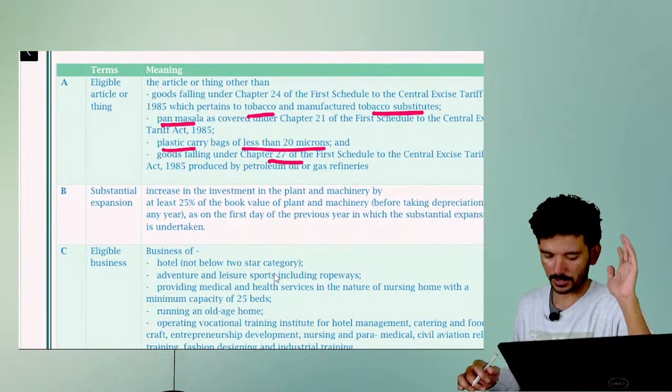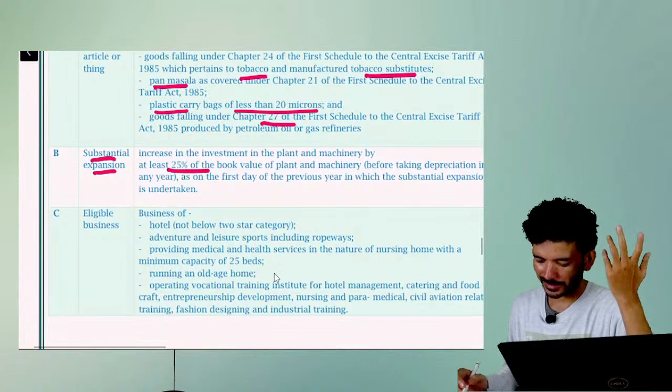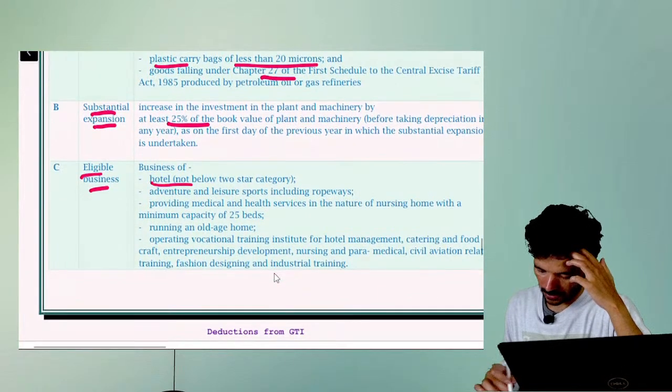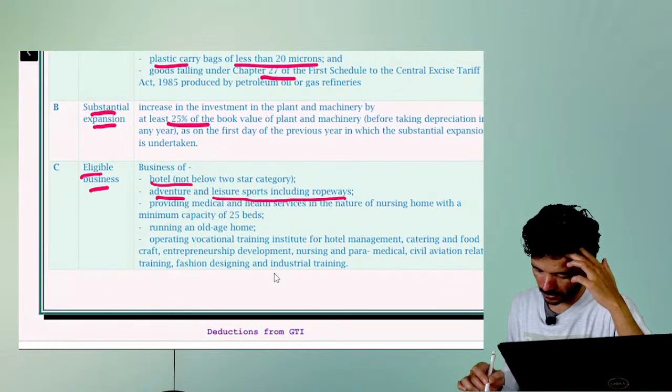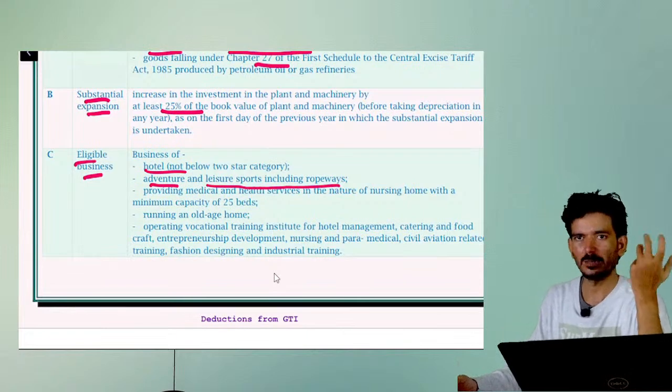Other than that, anything you can manufacture is eligible. Substantial expansion means at least a 25% increase should be there. Eligible business means a 2-star hotel, adventure or leisure sports including ropeways, because tourism is very prominent in the Northeast.